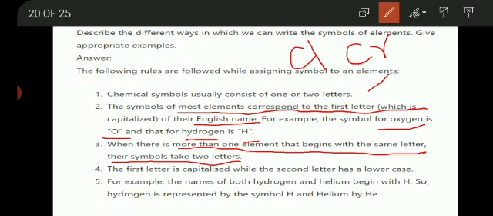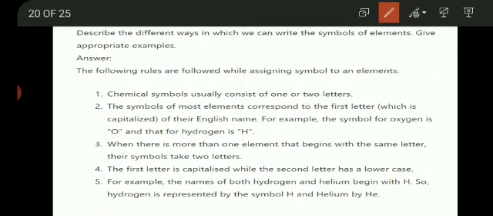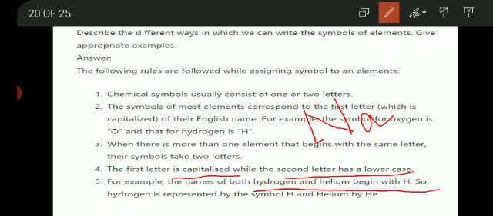So we take the first and second letter, otherwise the first and third letter. And the first letter is capitalized and the second letter is lower case. The first letter we write in capital, and the second letter in small letter. Suppose sodium means Na: first letter in capital, second letter in lower case, right?